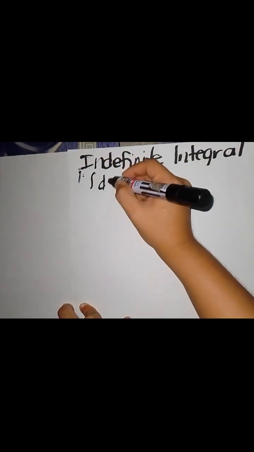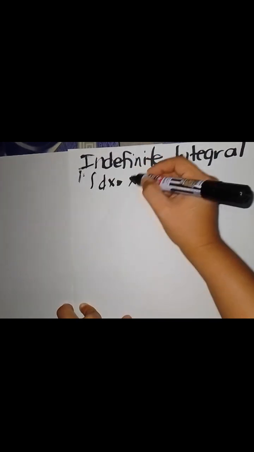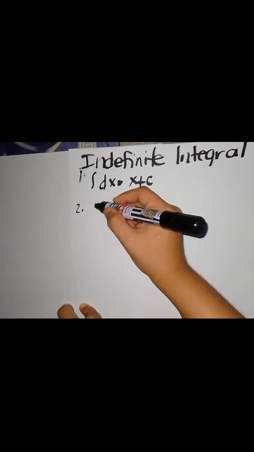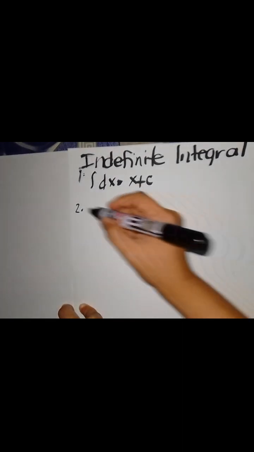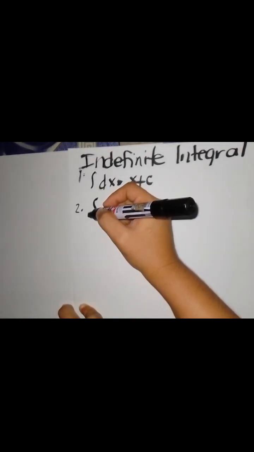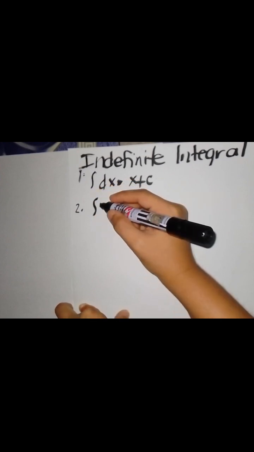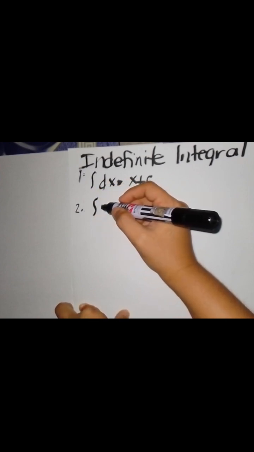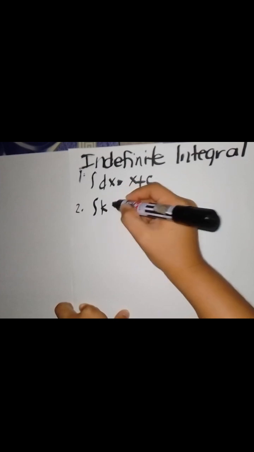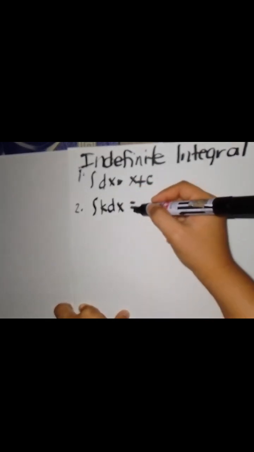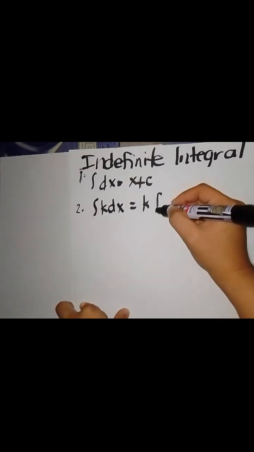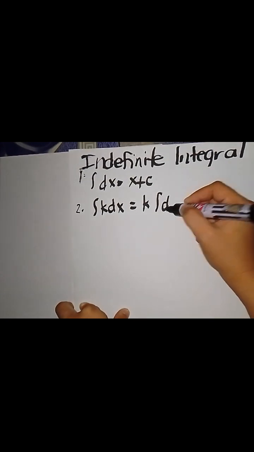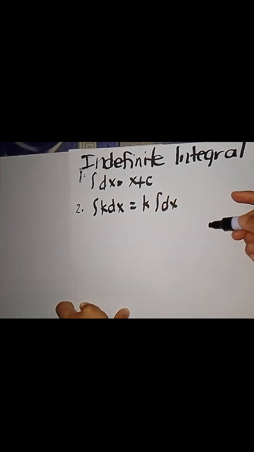Let me present to you the following basic properties of indefinite integral. The first property: the integral of dx is equal to x plus c. The second property of indefinite integral is the integral of k dx is equal to k times the integral of dx, where k is a constant.